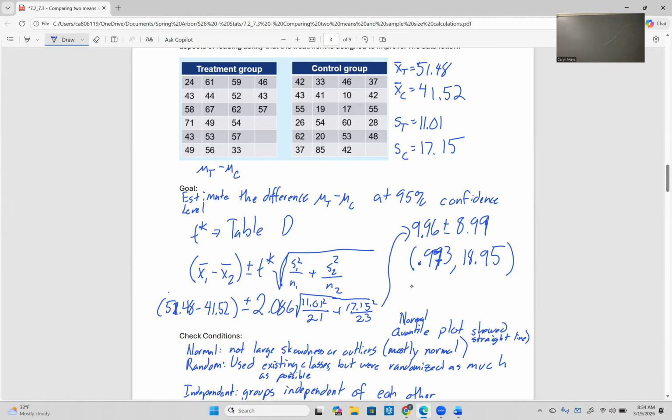It does not contain 0, meaning if we were to run a hypothesis test, we would find that there is a difference in the scores. In particular, the treatment group is scoring higher by an amount of somewhere between 1 point and 19 points.